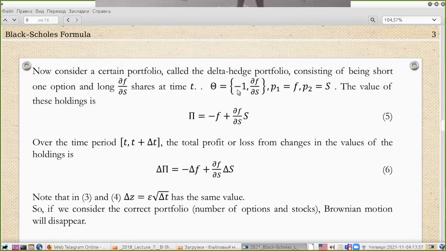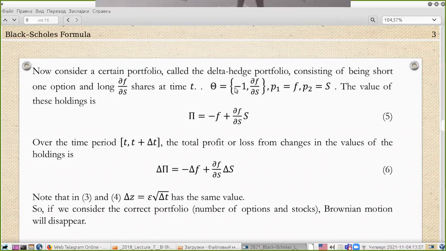We sell and forget, so it's a short position. But with sign plus it's a long position. We buy and we wait.